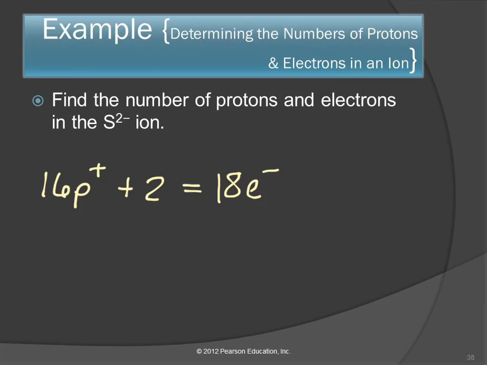If the charge was a positive 3, that means that it's missing some electrons. How many? 3. Okay, so the magnitude of the charge tells us how many electrons it has either gained or lost. And the sign of the charge tells us whether it gained or lost them.